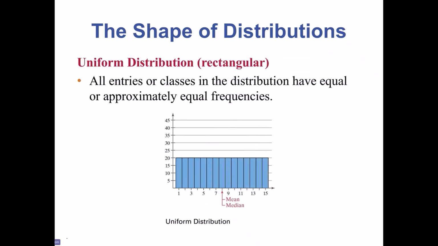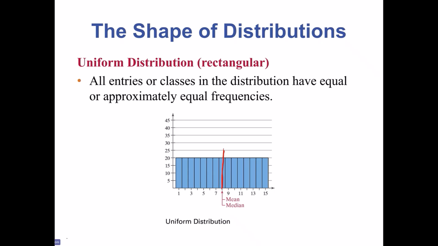All right. A uniform distribution is a special symmetric distribution, right? So it's still going to be symmetric. If I draw that line down the middle, I still have that mirror image on both sides. But the difference is that every single data value or every single class has the same frequency. So in other words, there's not going to be a mode. It's just a flat box distribution.